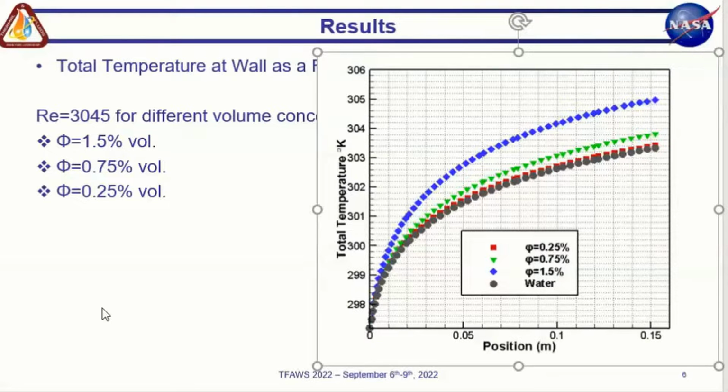Okay, cool, thank you. Next one here: for a given volume concentration, does it make a difference whether you have a large number of small particles or a small number of large particles? We have to stick to the nano size. When we say nanofluids, it means your particles have to be less than 100 nanometers.